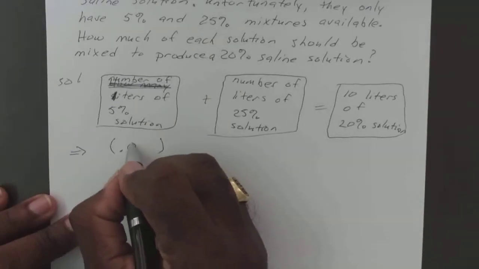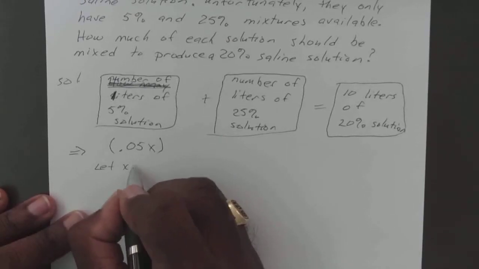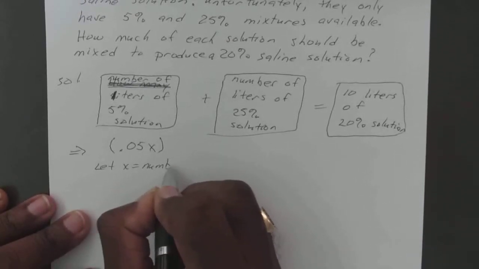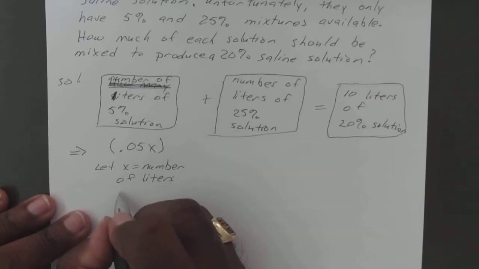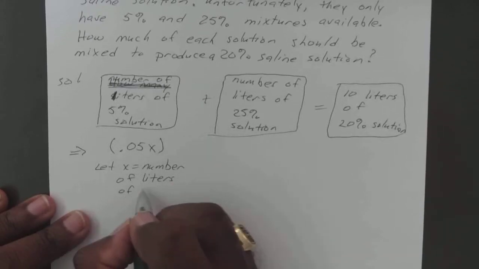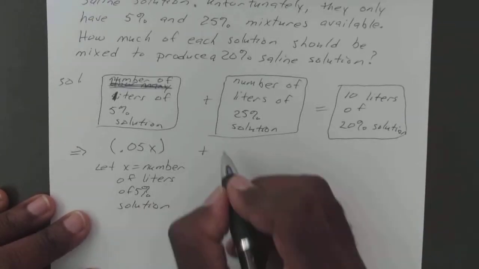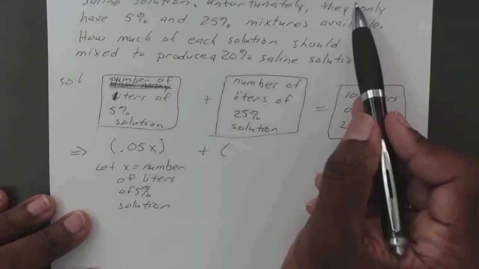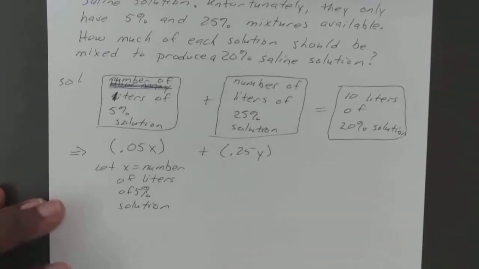So we have 0.05x if we let x equal the number of liters of the 5% solution, plus 0.25y, where y would equal the number of liters of the 25% solution.